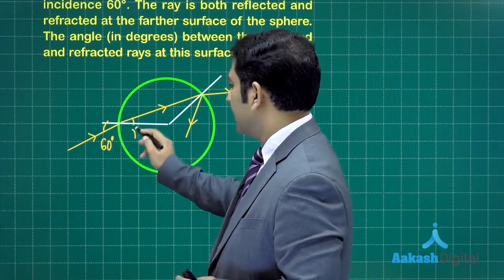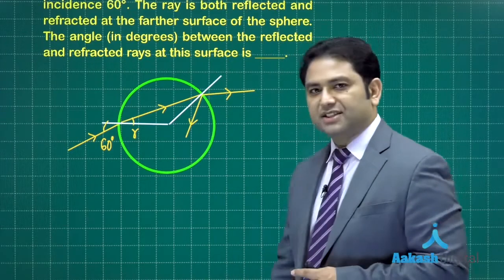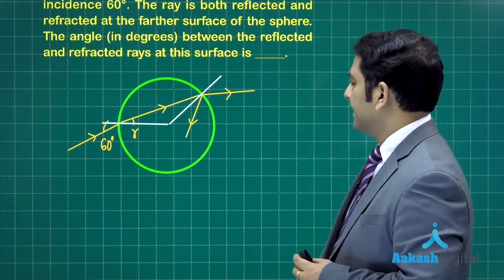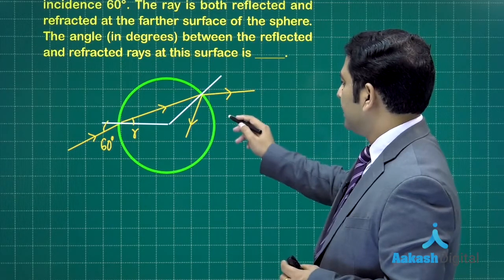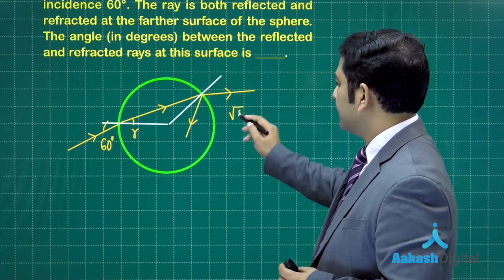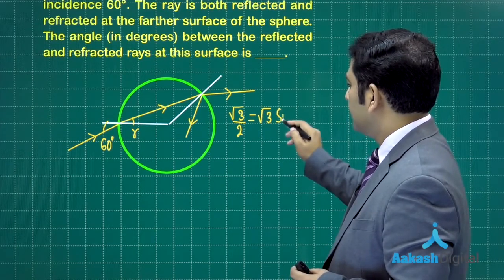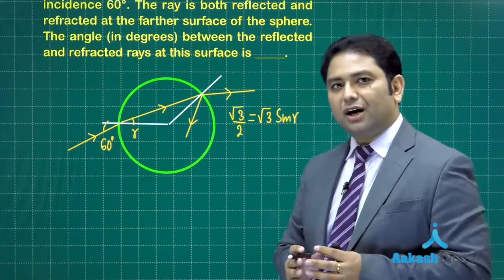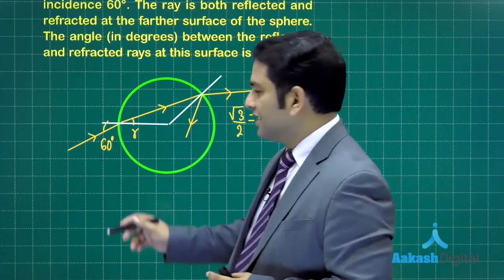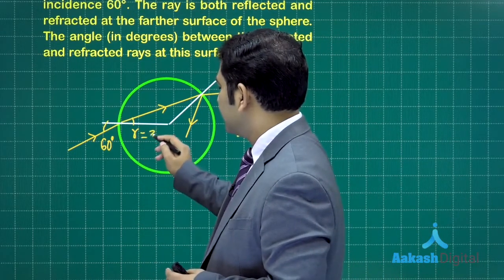Let me call this R, the angle of refraction. Let's see. Using Snell's law there, 1 sine 60, that will be √3 by 2, is mu sine R. So that means R will be 30 degree. So here this is 30 degree.